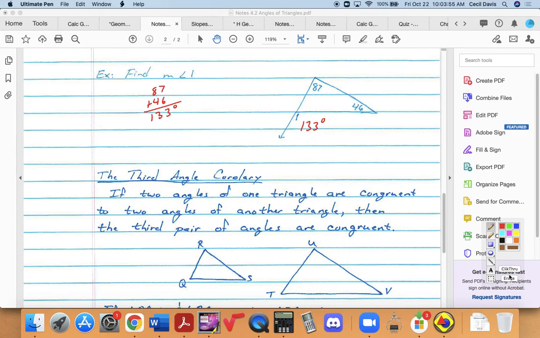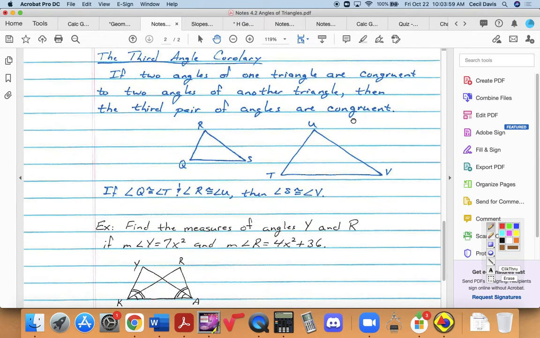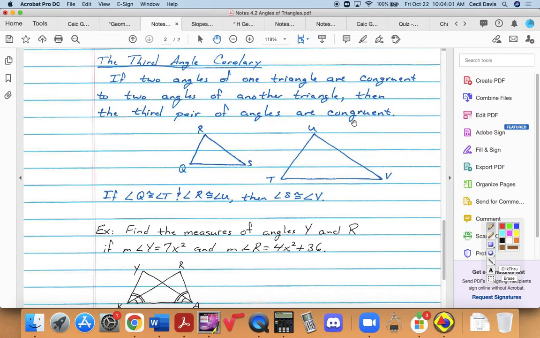All right, then the last thing that we're doing today is something that's called the third angle corollary, which says that if two angles in one triangle are congruent to two angles in another triangle, then the third pair of angles are congruent, even if one of the triangles is way bigger than the other one.